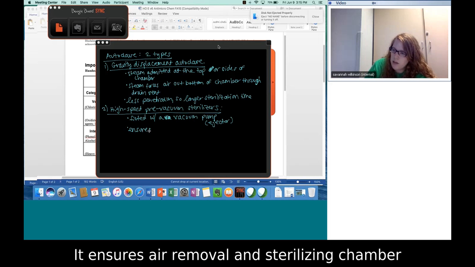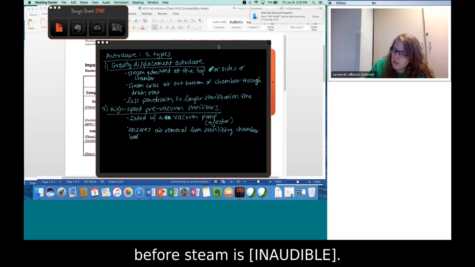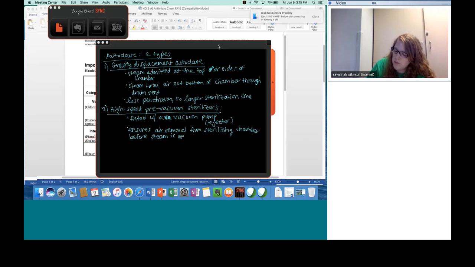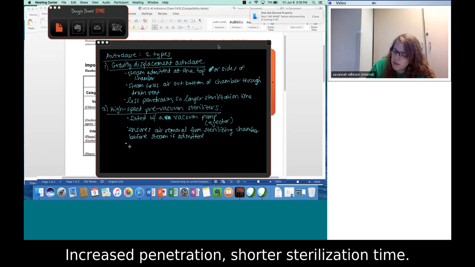It ensures air removal from the sterilizing chamber before steam is emitted. This gives increased penetration and a shorter sterilization time.